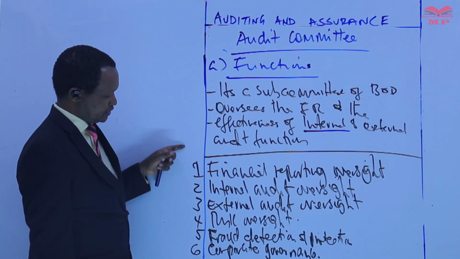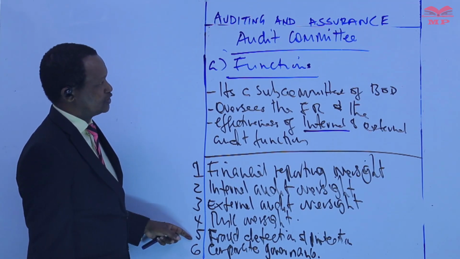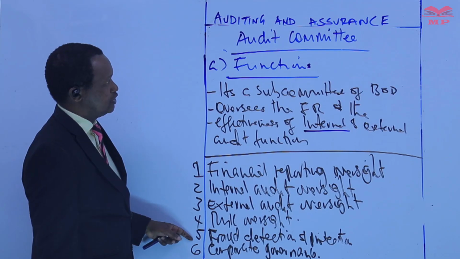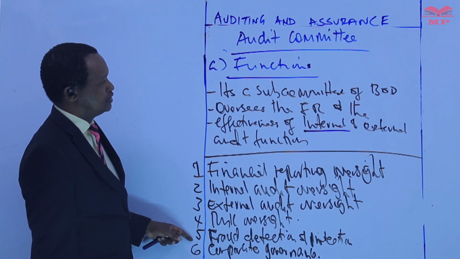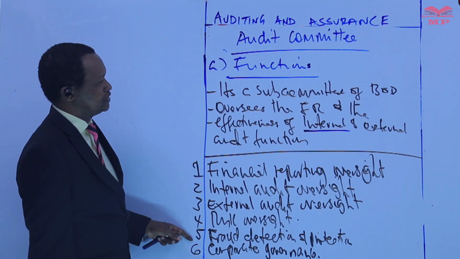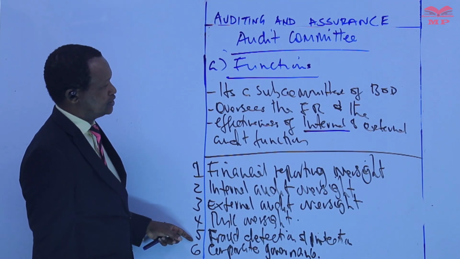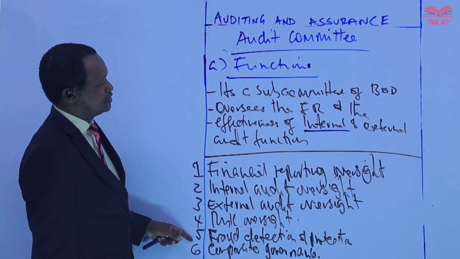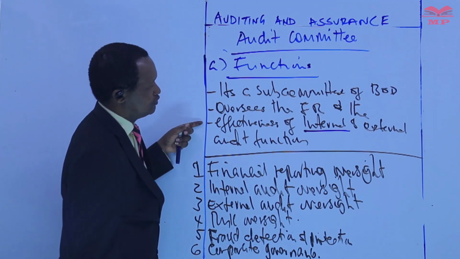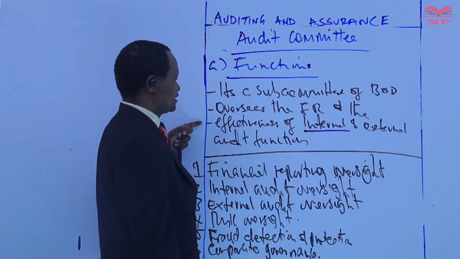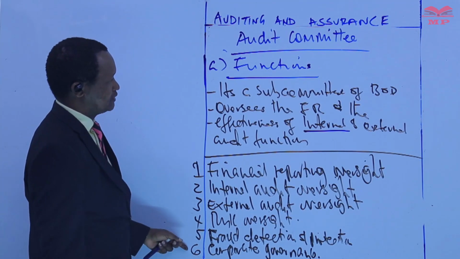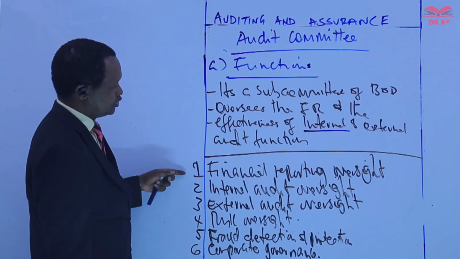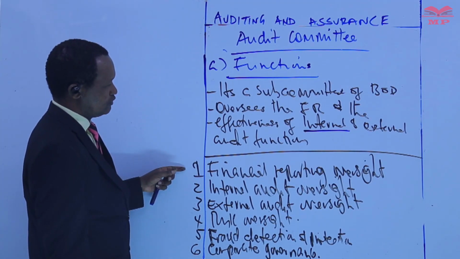So these are 6 functions of the audit committee, which is a subcommittee of the board, a subcommittee that oversees the financial reporting, a subcommittee that ensures the effectiveness of internal and external audit functions. These are 6 functions. One is in relation to financial reporting oversight.